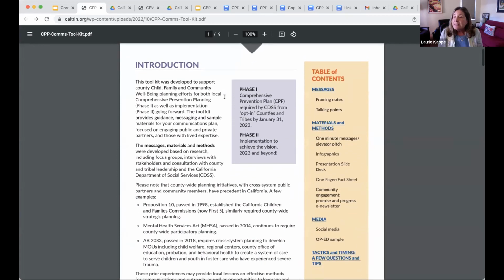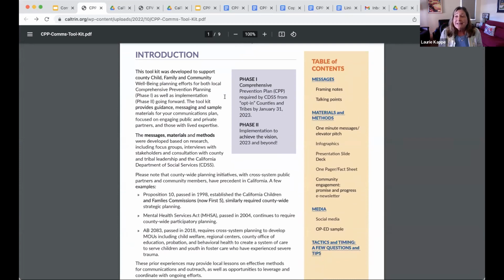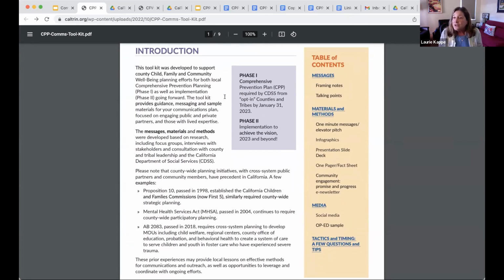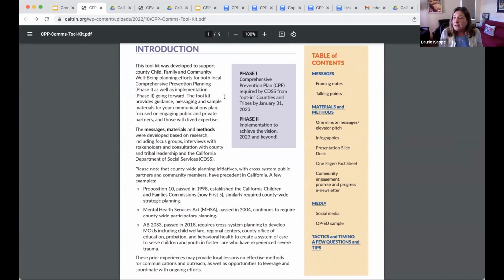So, like I said, the toolkit's 9 pages, and there's a lot of hyperlinks. And so it's a little funny, jumping back and forth into the hyperlinks. I'll show you a few of them, but not all of them. So, at your leisure, take the time to look at some of the tools that we provided for you.